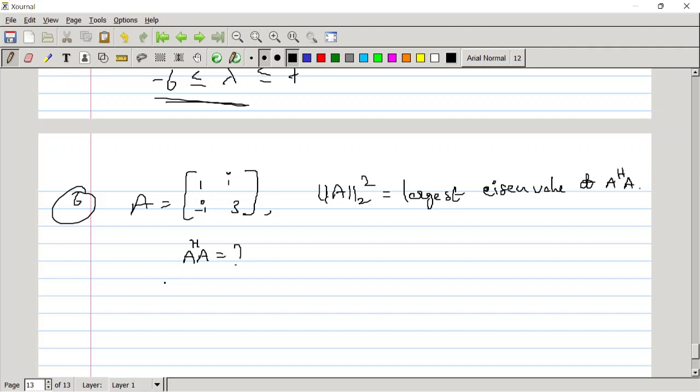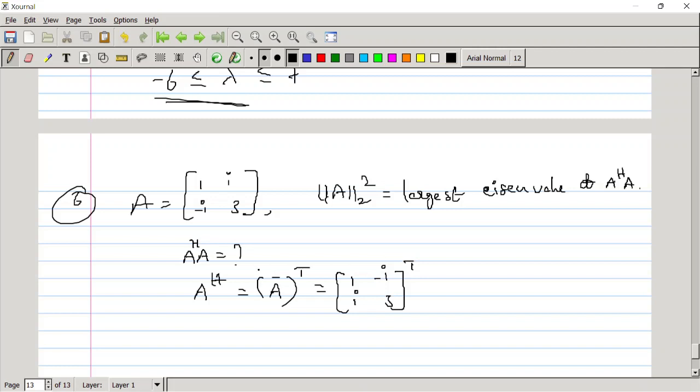So here firstly we will see A power H, that is nothing but A conjugate whole transpose. This is nothing but [1, -i; i, 3] whole transpose.